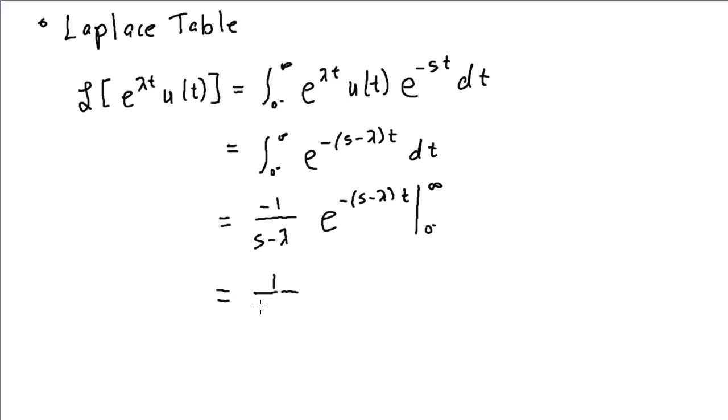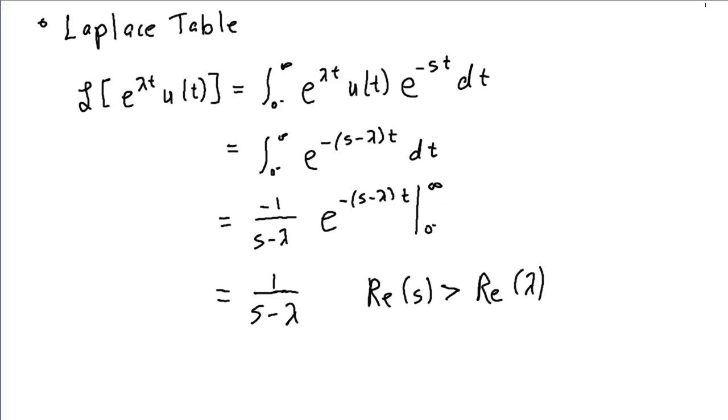And so the resulting Laplace transform of our exponential function is 1 over s minus lambda, and this is valid as long as the real part of s is greater than the real part of lambda. This term will go to 0 when we evaluate it at t equal infinity.